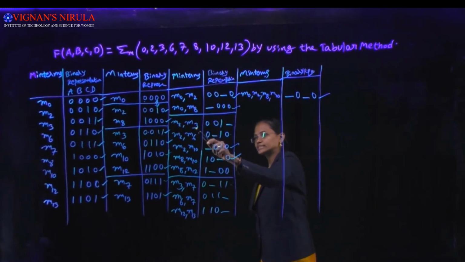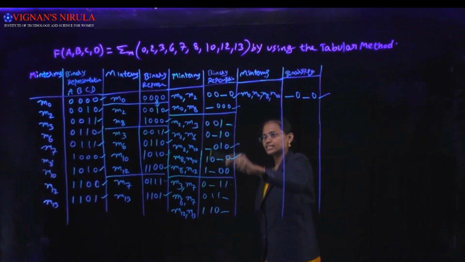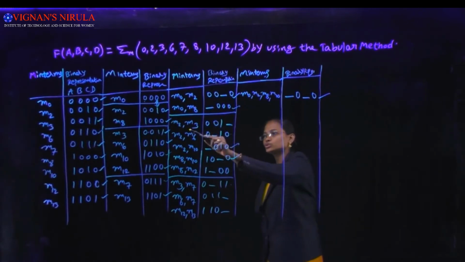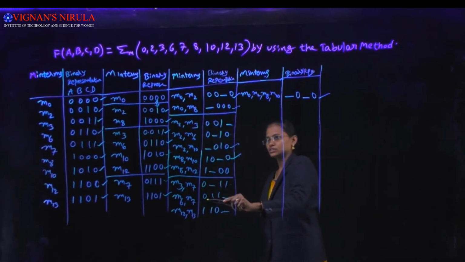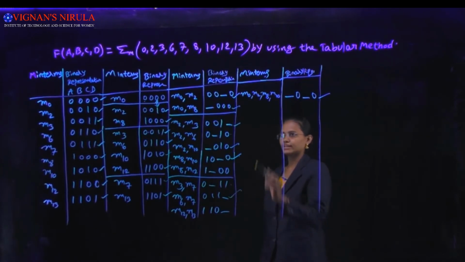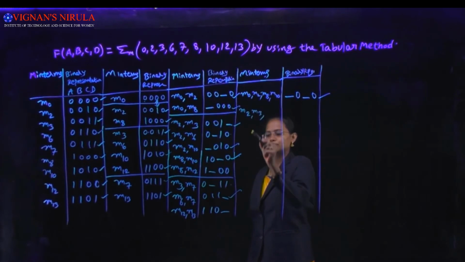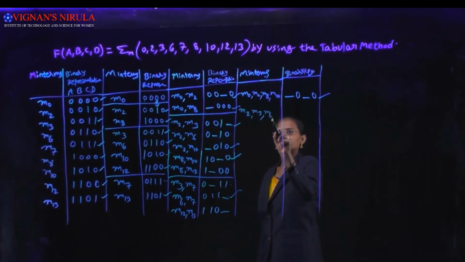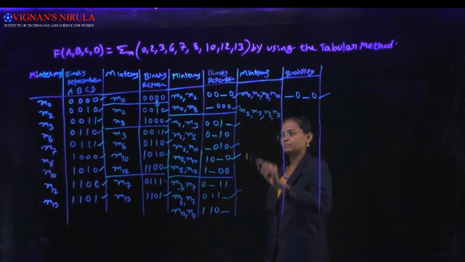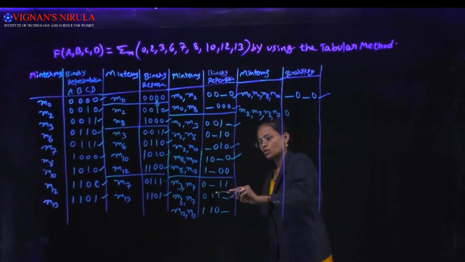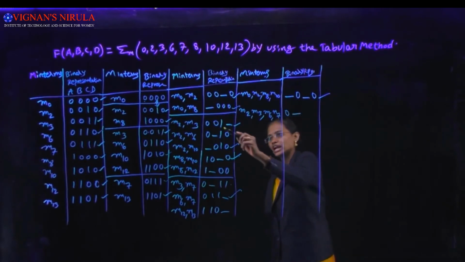And next 2 3 and 6 7, 0 0 0 1 dash dash dash and 1 1. 2 3 6 7, 0 1 2 3 6 7, M2 M3 M6 and M7. Here 0 0, next 0 1, that is dash, and 1 1 and dash dash.